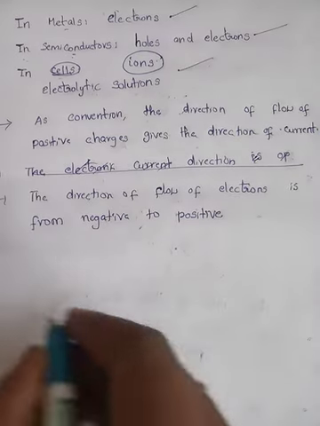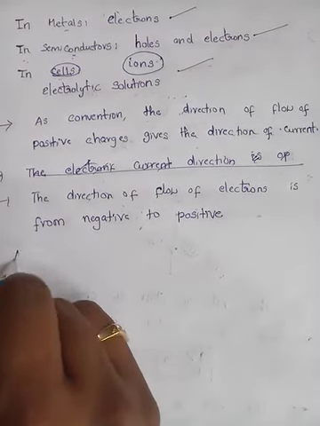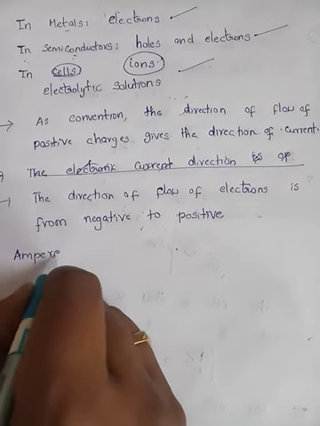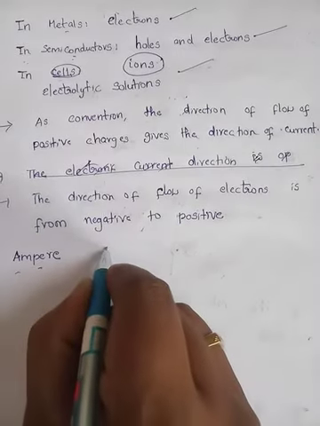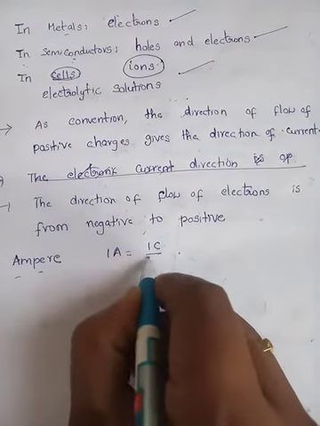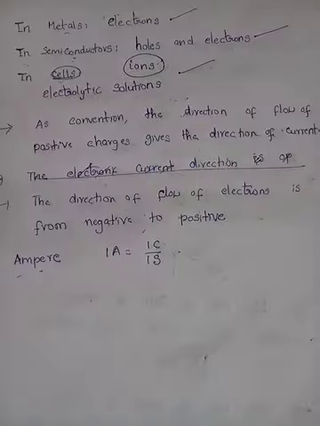Now let us define ampere. What is ampere? It is the SI unit of current. 1 ampere equals 1 coulomb per second.